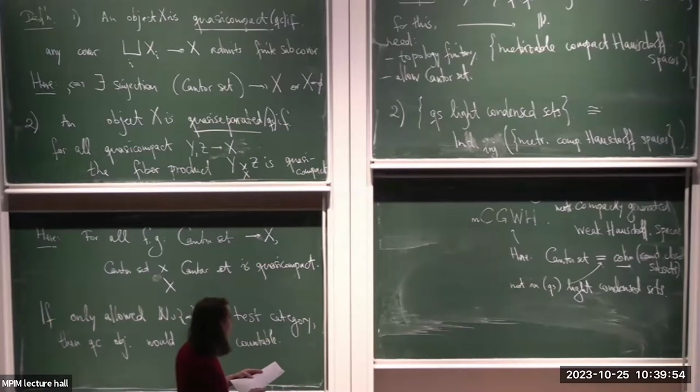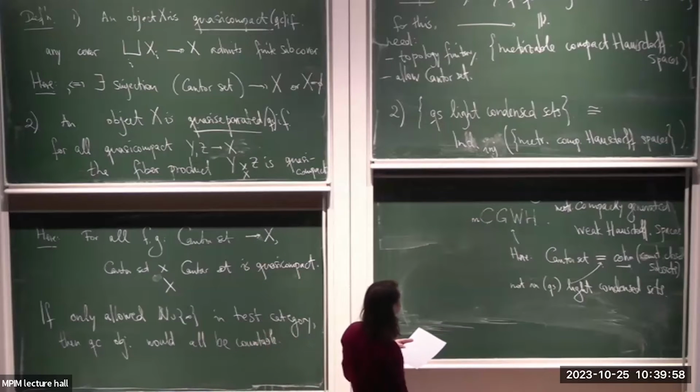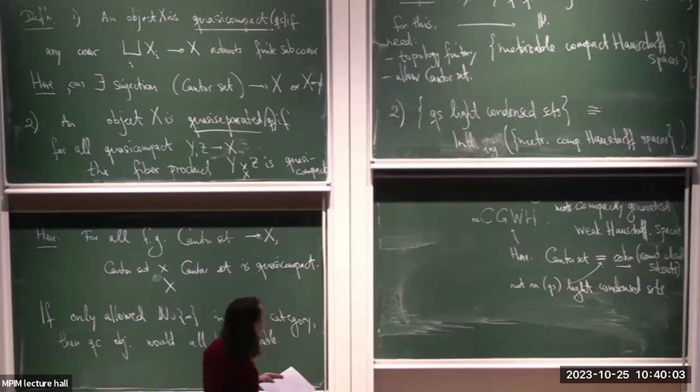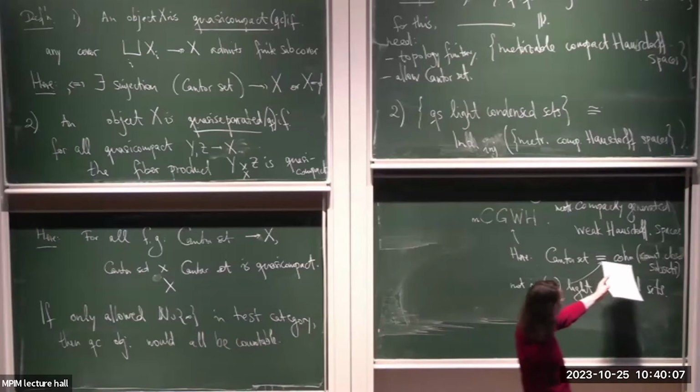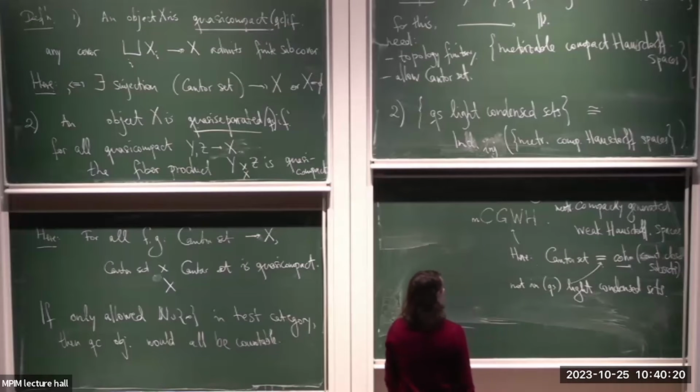So if you take, under this equivalence, the light condensed set which is the direct limit of the injections, only finite unions of images of this sequence space, does this give something in this category by the equivalence of categories?